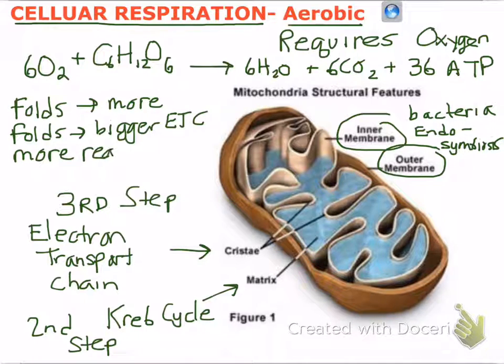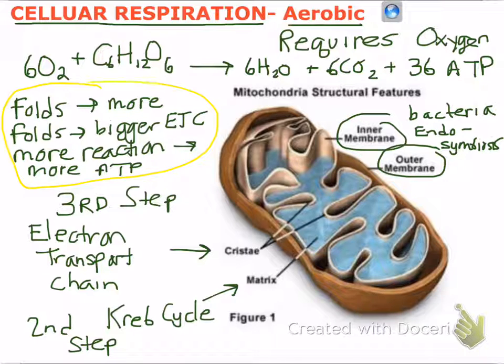The electron transport chain is where we make ATP, so more reaction means more ATP. This is a side note, and it's a really important idea because it has to do with the importance of the structure and function of the mitochondria.